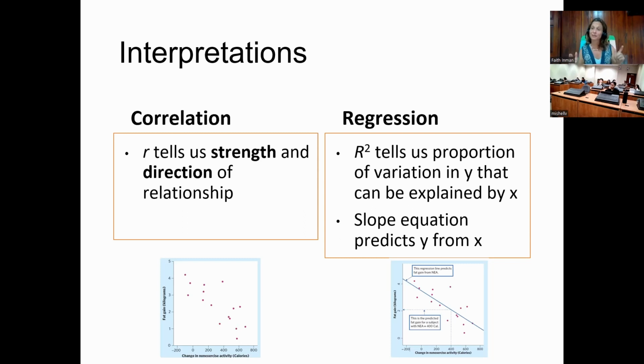The regression tells us something different. The R squared tells us the proportion of variation in Y that can be explained by X. And we get the slope equation that predicts Y from X. And I know I said this before, but I'm putting it here again because this is really important to remember.